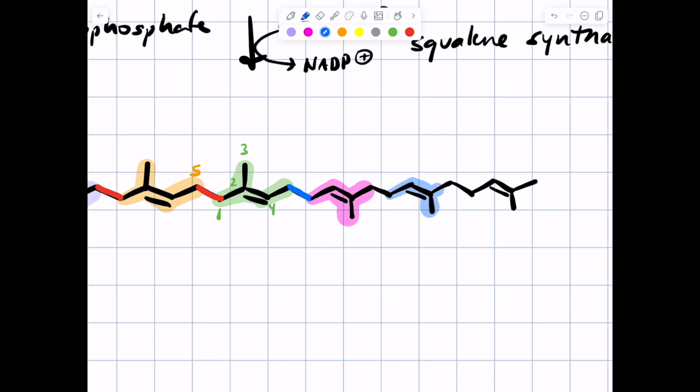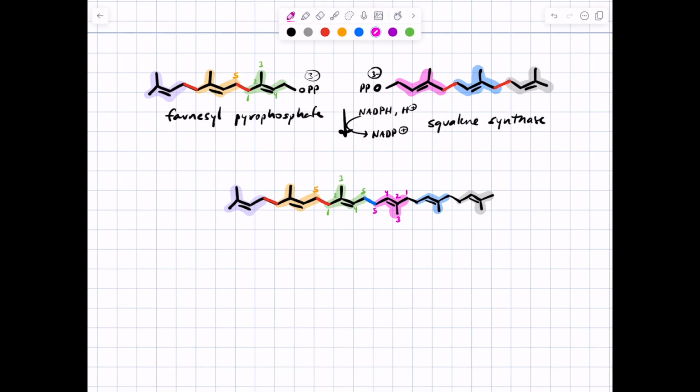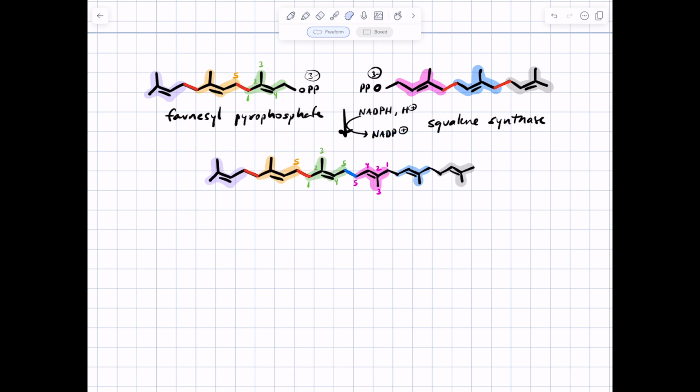But if you watch at the connection between the pink and the green isoprene units, you can see that it's carbon 5 of the green isoprene unit that's linked to carbon 5 of the pink isoprene unit. This is an unusual head-to-head elongation, and you don't need to worry about the details about how that happens.